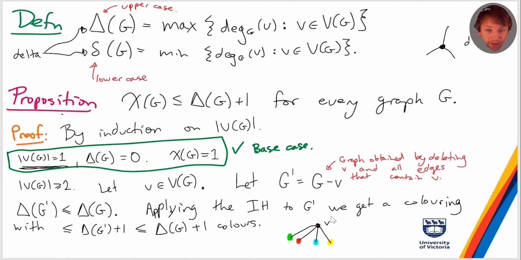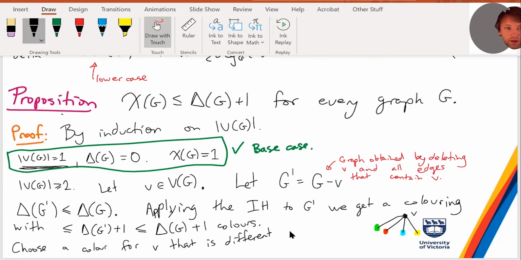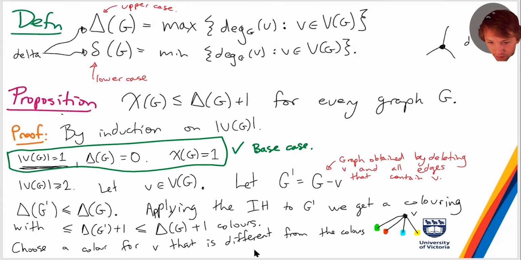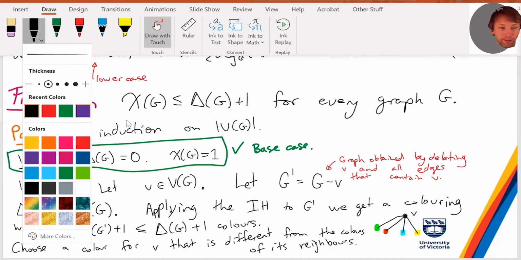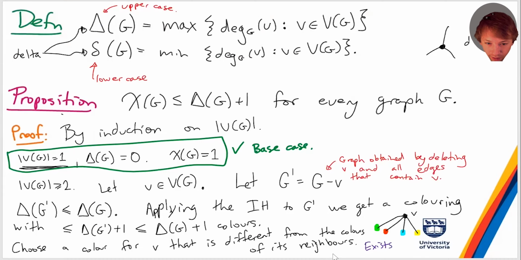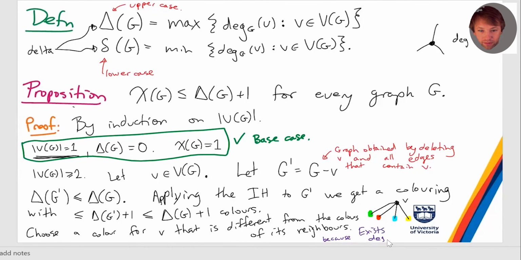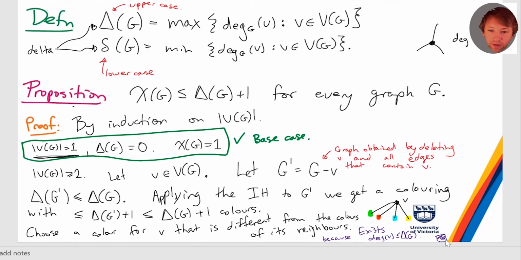So there exists a color for V that doesn't appear on the neighborhood of V, by which I mean the set of neighbors of V. So choose a color for V that is different from the colors of its neighbors, and that exists because the degree of V is at most delta of G, and the number of colors is delta of G plus 1. Okay, so that completes that proof.